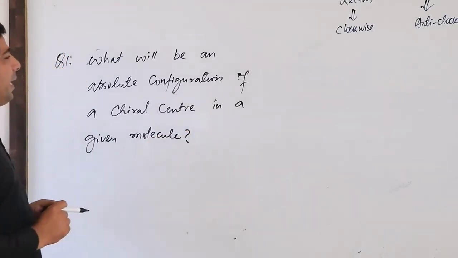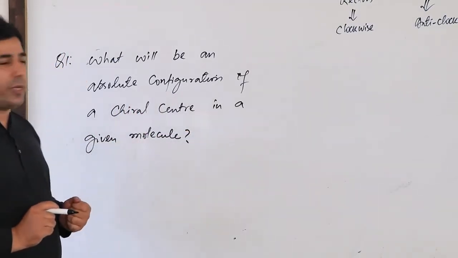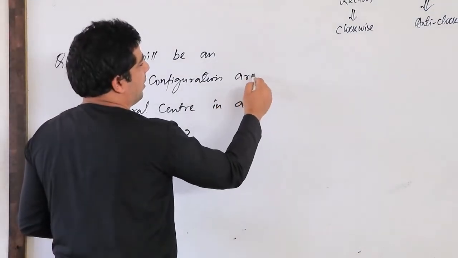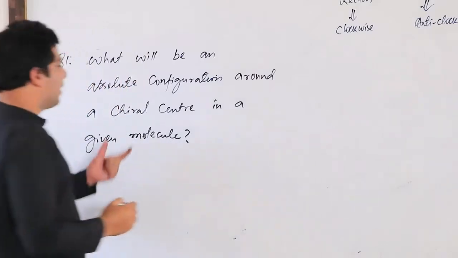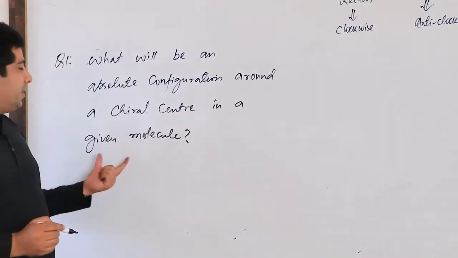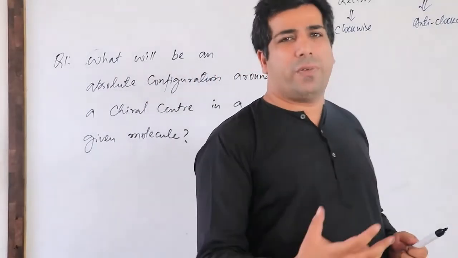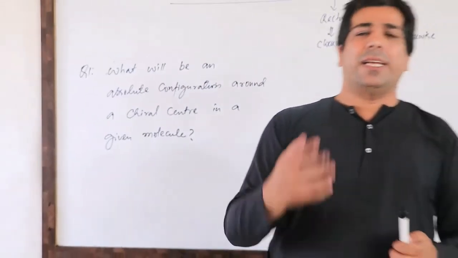So what will be the absolute configuration around a chiral center in a given molecule? You can also say, what will be the absolute configuration of a chiral center in a given molecule.